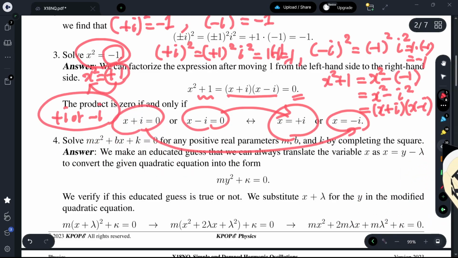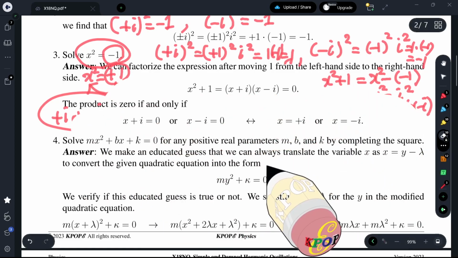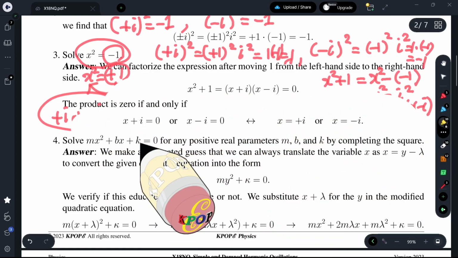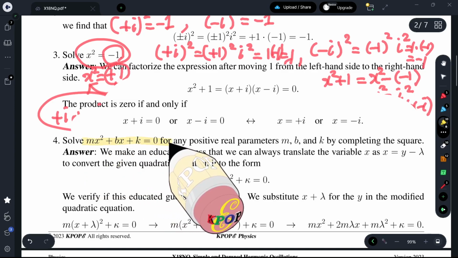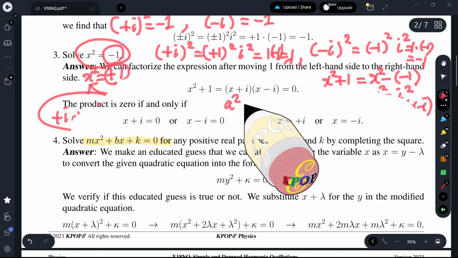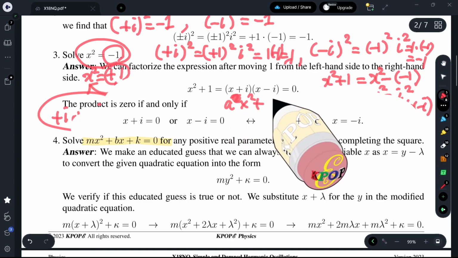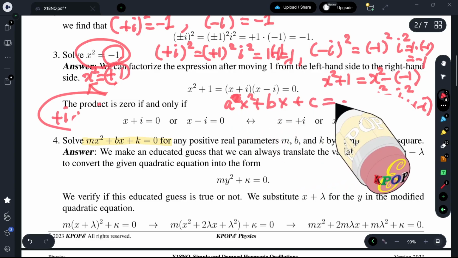Next, we consider this quadratic equation. In mathematics class, you must have learned it in the form a x squared plus b x plus c equals 0.